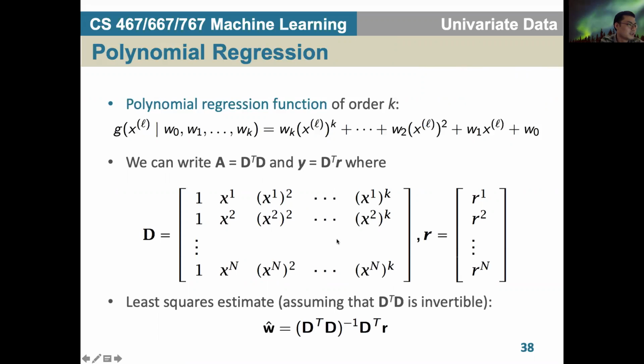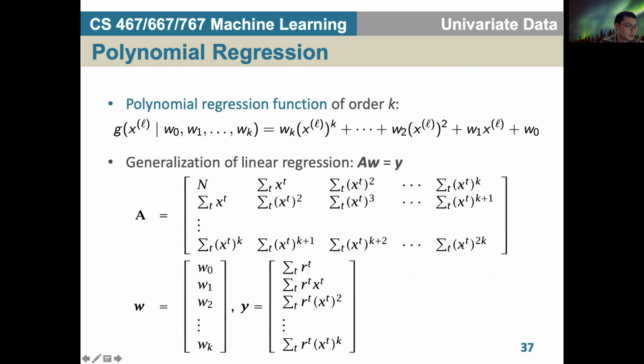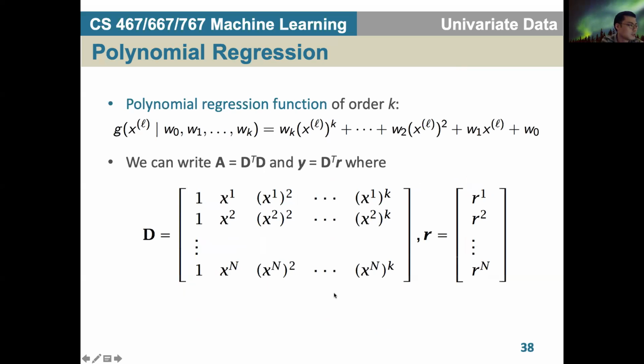Another thing is that y equals dt times r. This is not difficult to see. The first row times this is again a summation. The second row, because you have one more xt, the third row you have another more xt. So each time, this t is changing with each row.